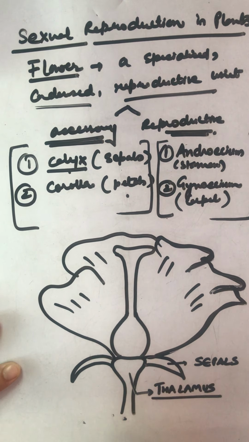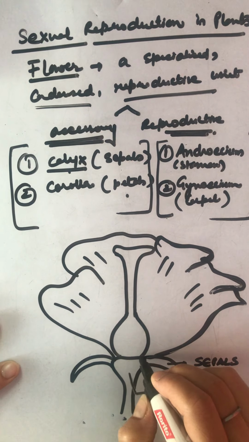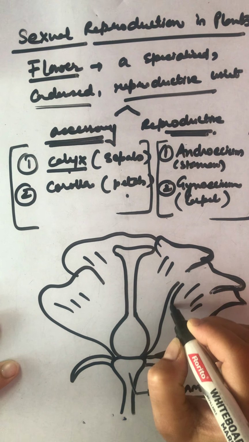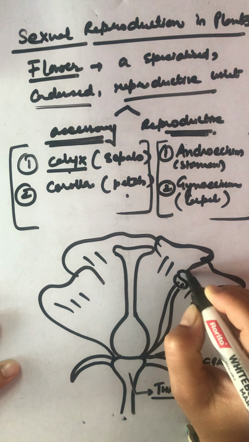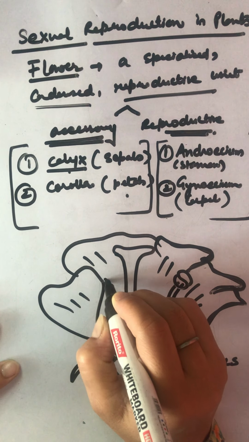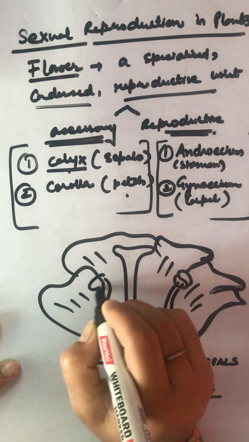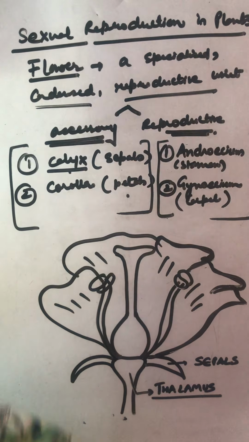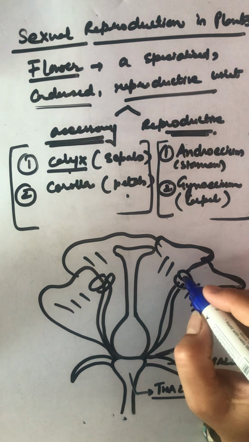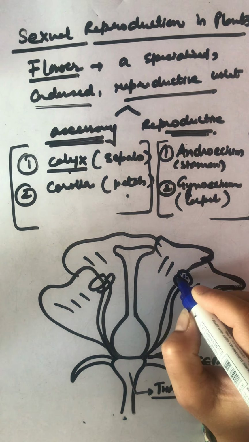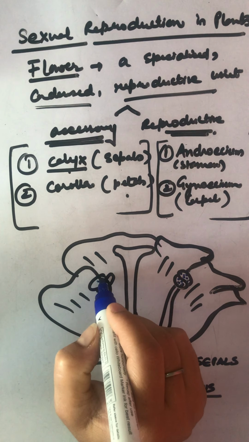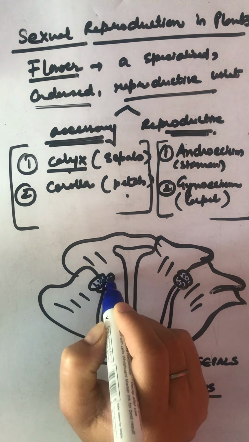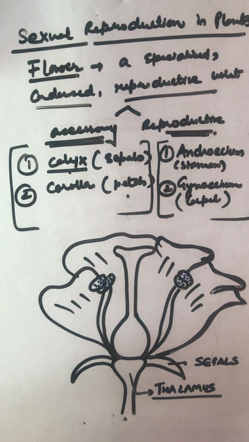Then, from here, we show the bilobed structure known as anther with the filament, and this anther is full with pollen grains. These are the pollen grains which on maturity are present here.